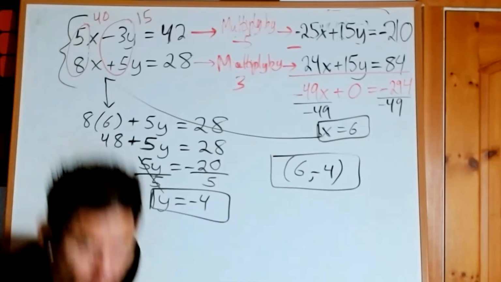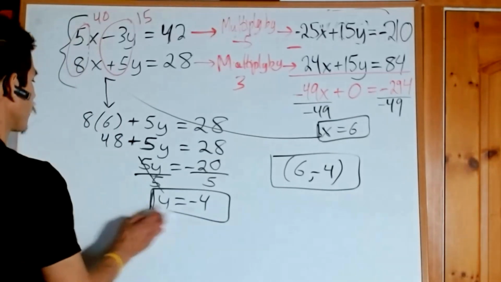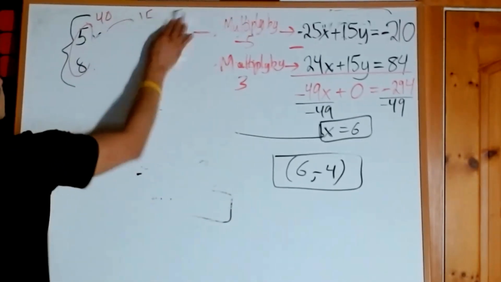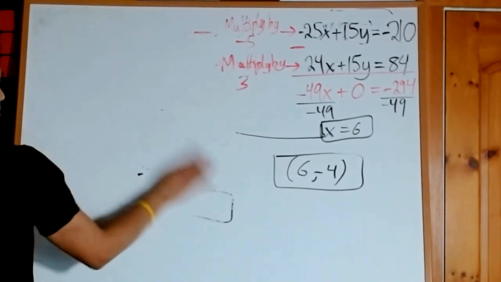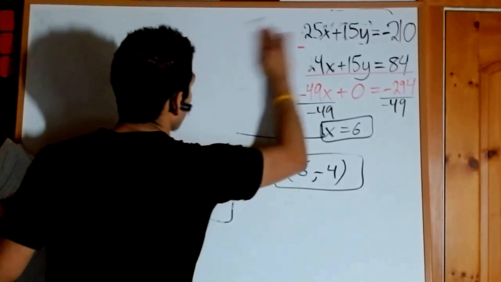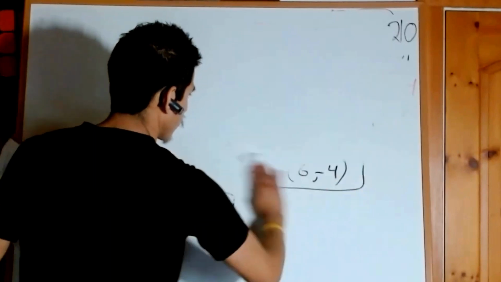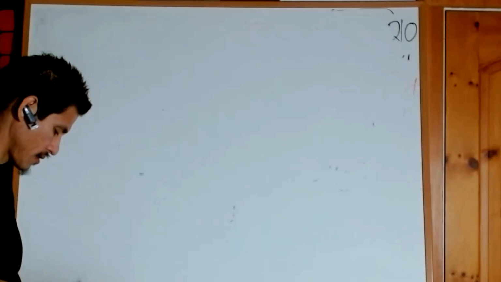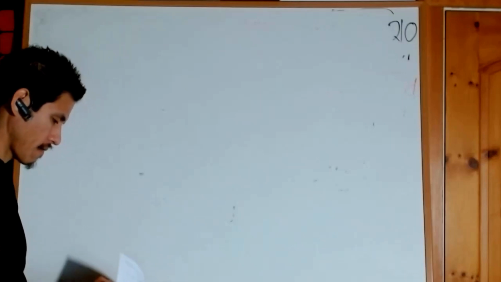Okay, so let's go through one more to make sure that you get some good practice with this next type of system where you have to change some of the coefficients.